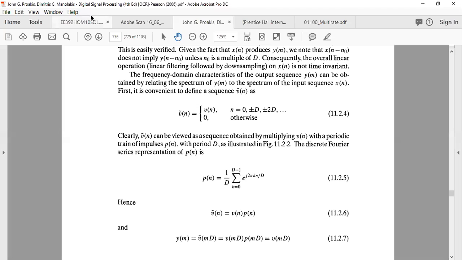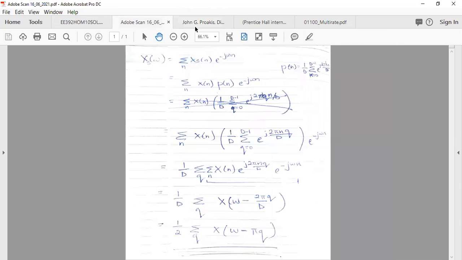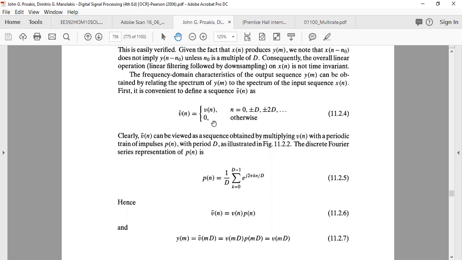It is basically the same thing. In our case, our d is 2, so that is why 0, plus minus 2, plus minus 4, and so forth is written in our case. You can see this is corresponding, isn't it? So in order to obtain this particular sample signal, let's just forget about whatever I just said about the downsample.